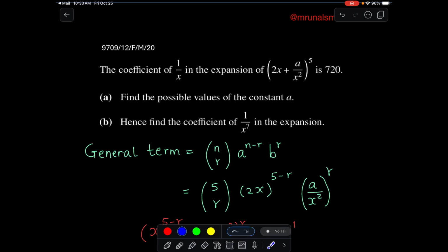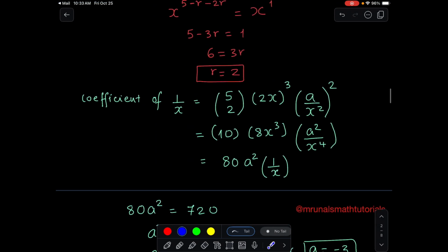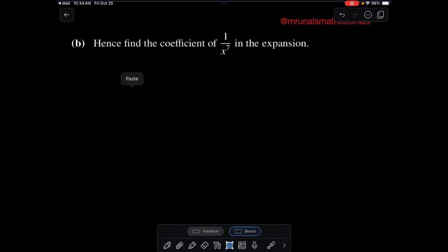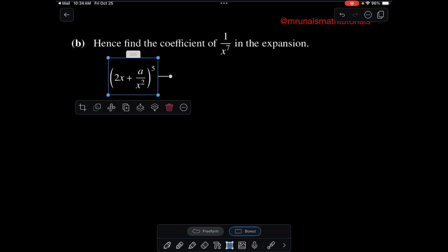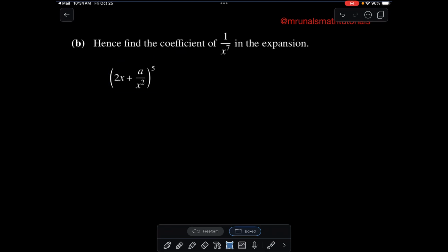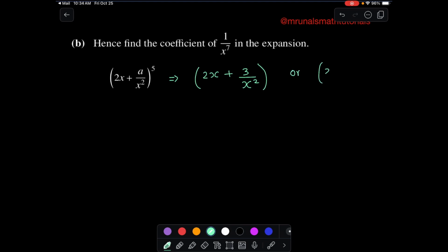Alright, so let us do that. So we are having our expansion as (2x + a over x squared), and I'm going to substitute this as (2x + 3 over x squared). This is the first one, or it could also be (2x minus 3 over x squared).